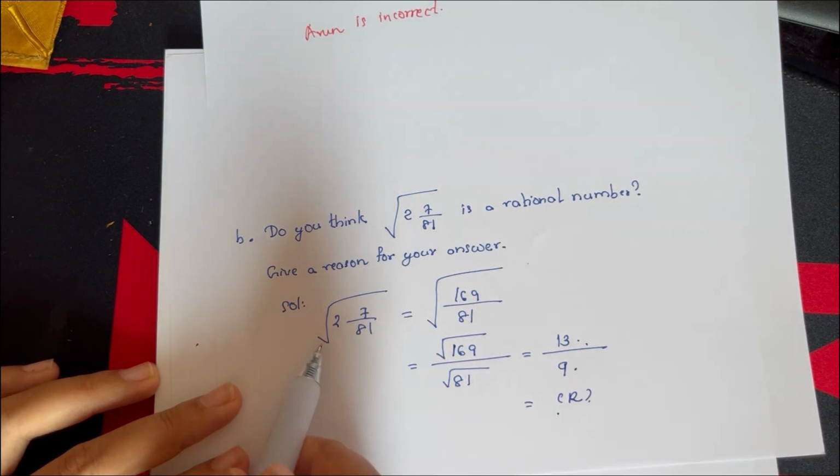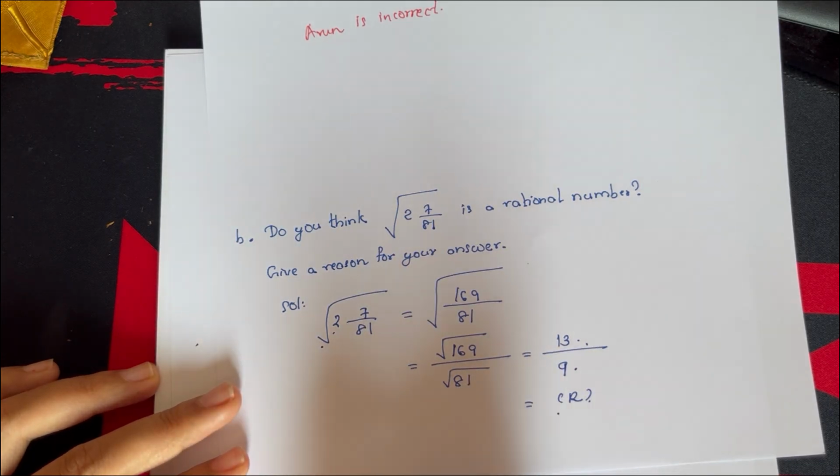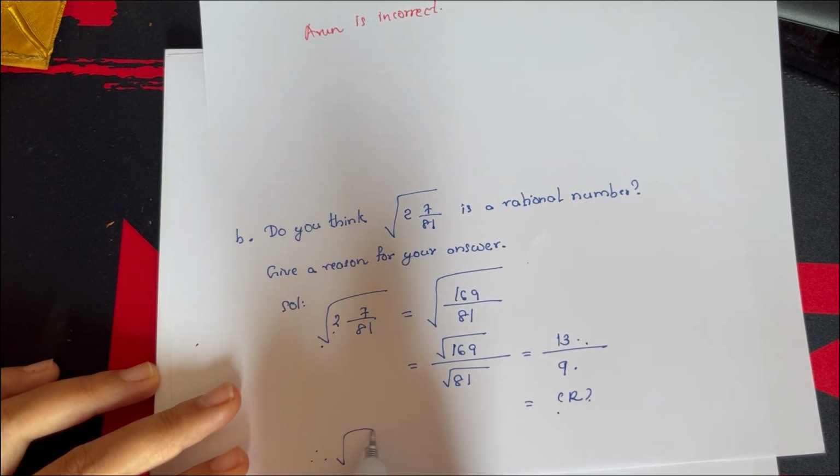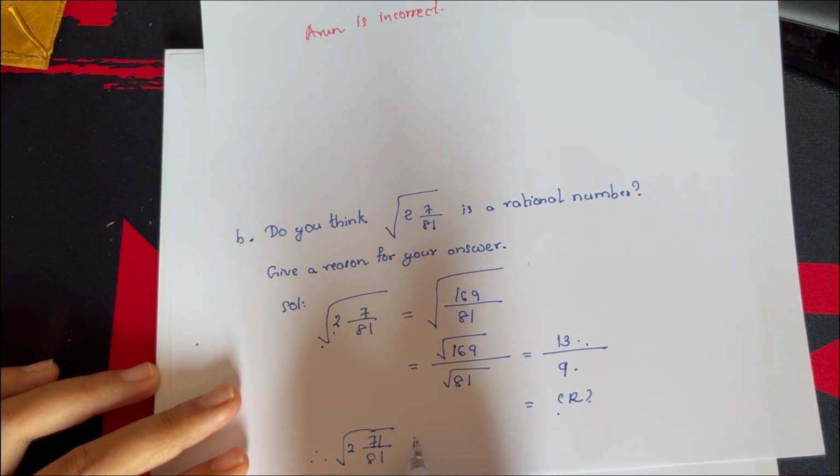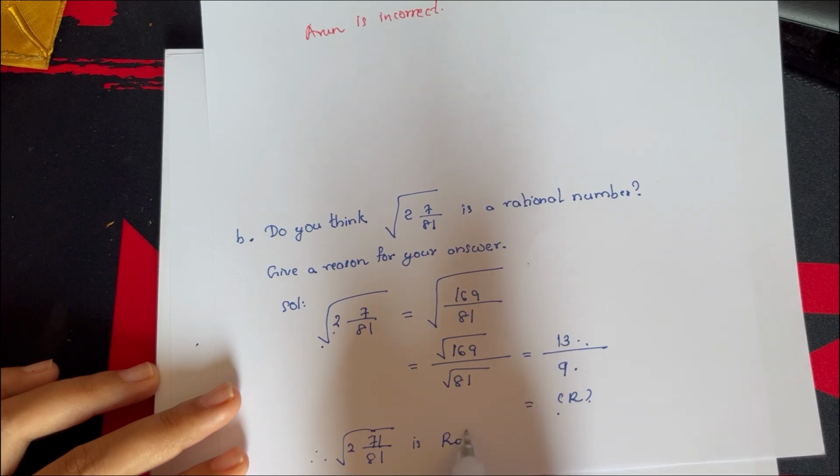So that's why the square root of 2 7/81 is also a rational number.